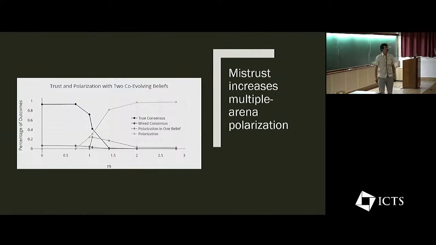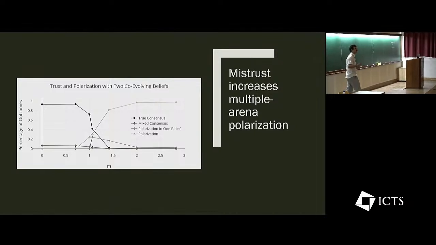Remember, what we were interested in was how is it dynamically that you can get these situations where people come to be polarized in two different domains, but in a correlated way, where they tend to cluster in their beliefs into two different clusters, even though the domains are unrelated. What's going on here is you can get polarization in one belief or polarization in two, but as M goes up, polarization in one belief decreases, and it becomes much more likely that you're going to be polarized in both beliefs.